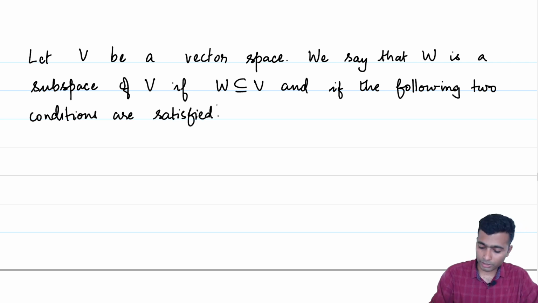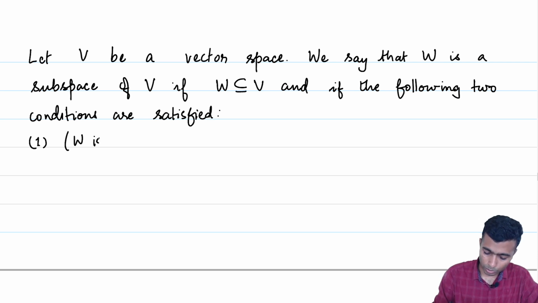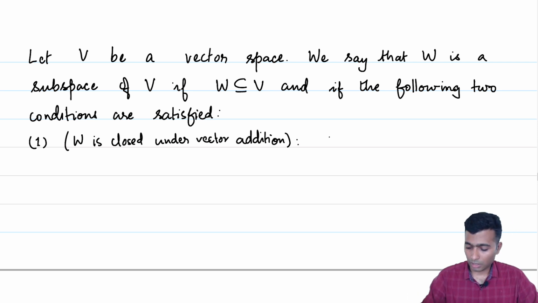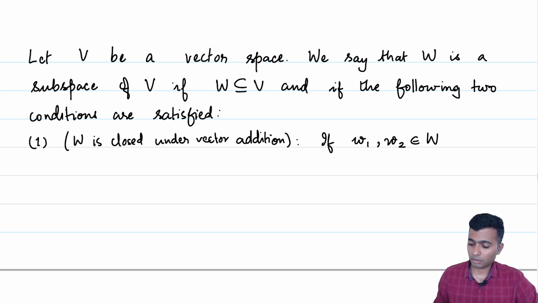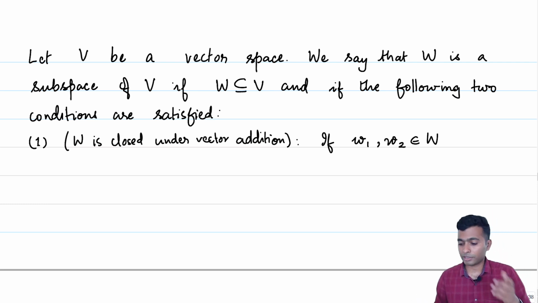As already noted, the first one is W is closed under vector addition, i.e., if W1 and W2 are elements in capital W.